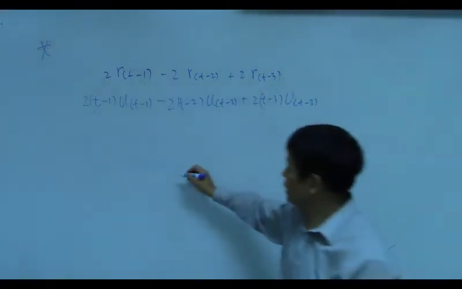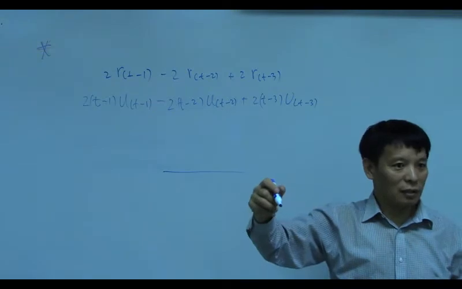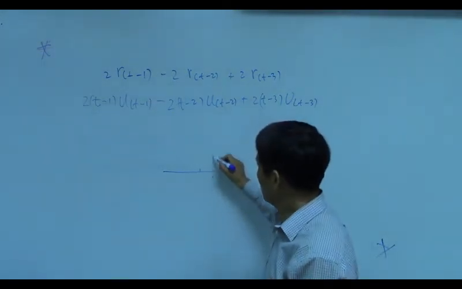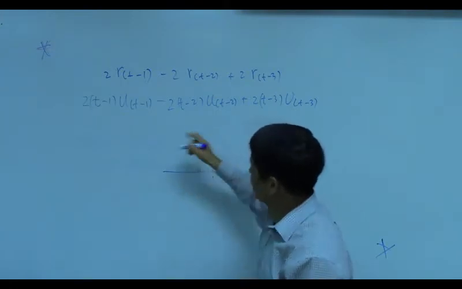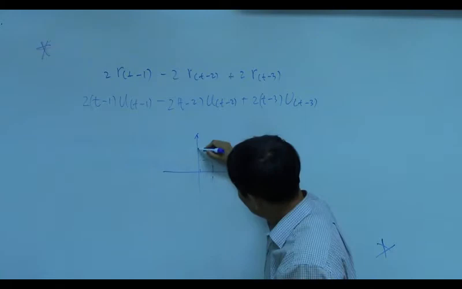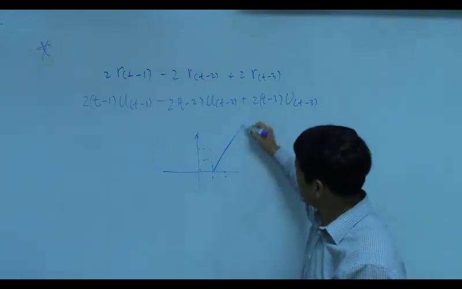So the first one is r(t), but delayed to t equals 1, so this is 1. And the amplitude equals 2, so at this point it must be 2 here. That's the first term all the way like that.